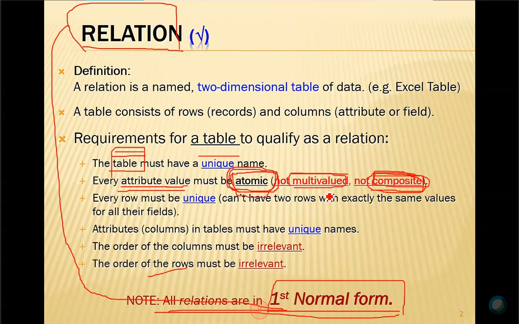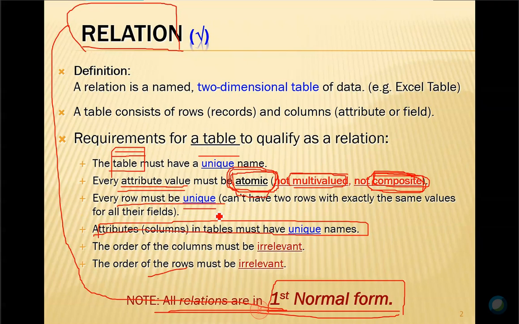All right. And the attributes in the columns must have unique names. So no two attributes or no two columns should have the same name. I don't want to have an attribute called last name and then another attribute also called last name. That will confuse me or create redundant data. Likewise, I don't want to have two rows that have exactly the same values.